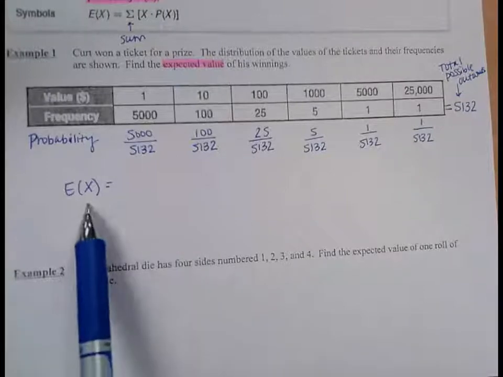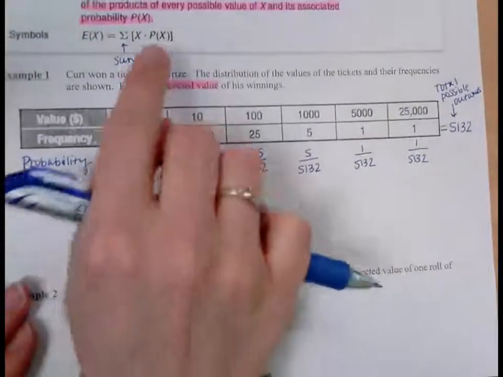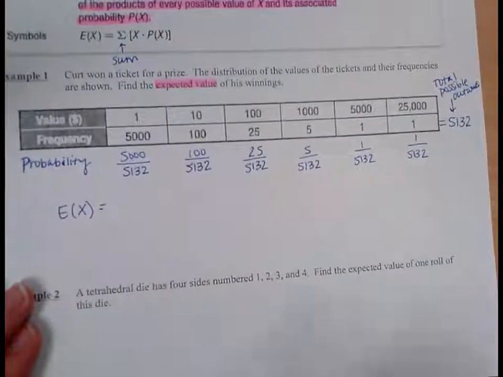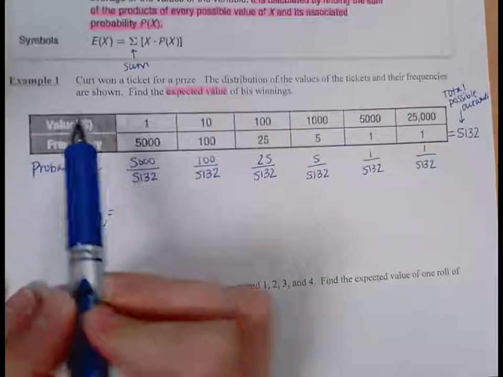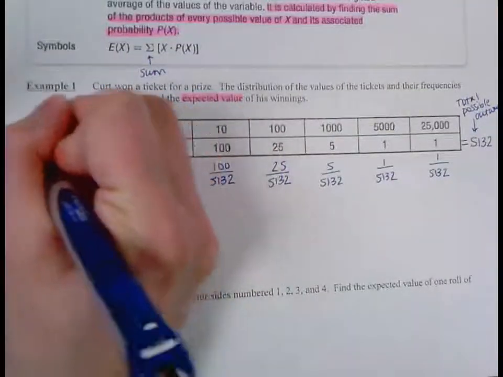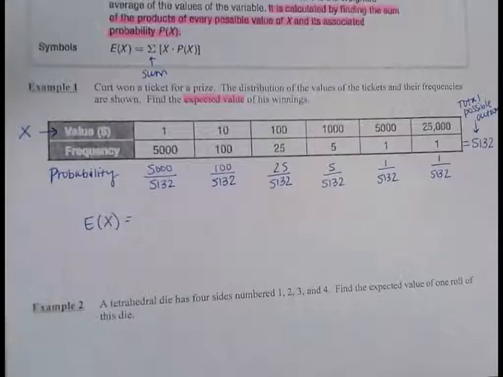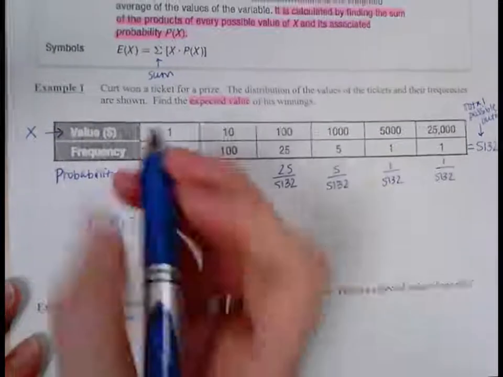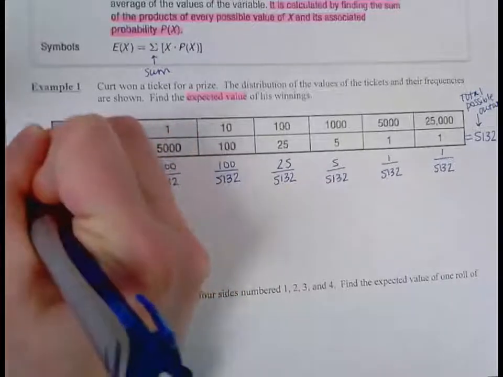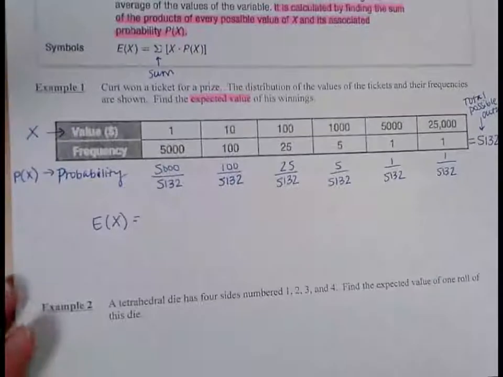So to calculate this, what you do, and if you look at this calculation just to make sense of it, all of these values here, this top row, these are your different values of your random variable x. And then the probability row, this is P of x, the probability of each value.